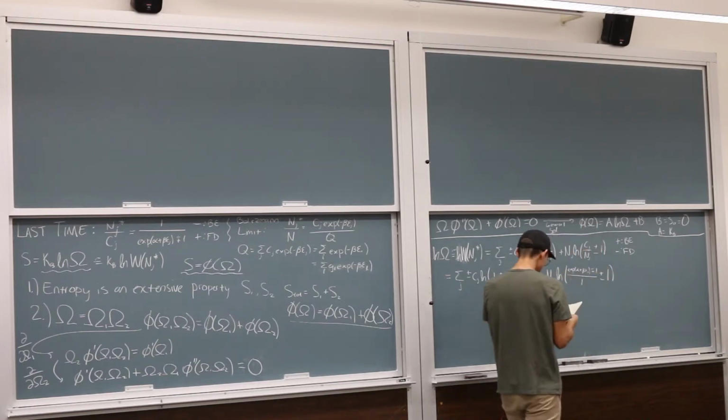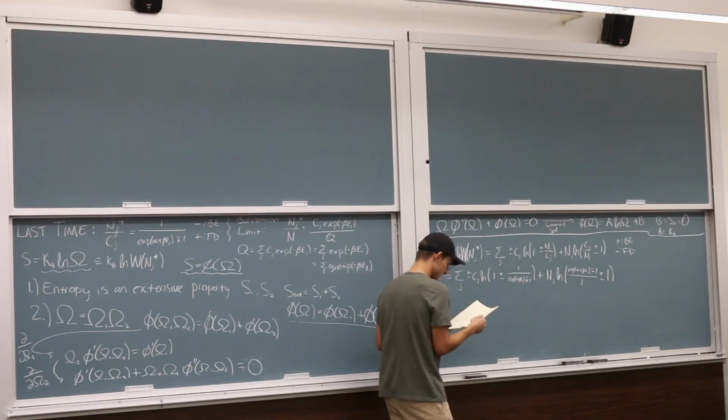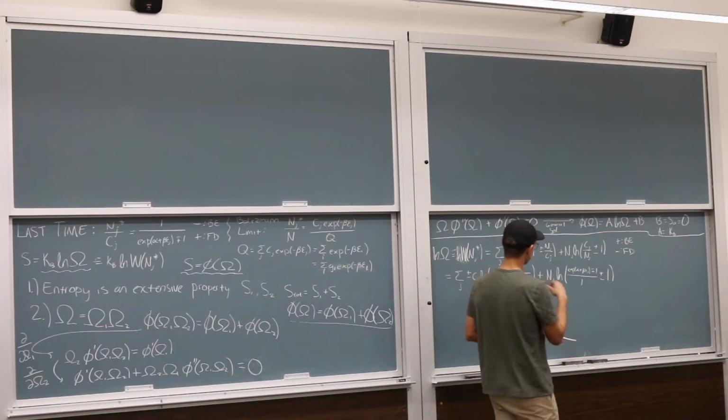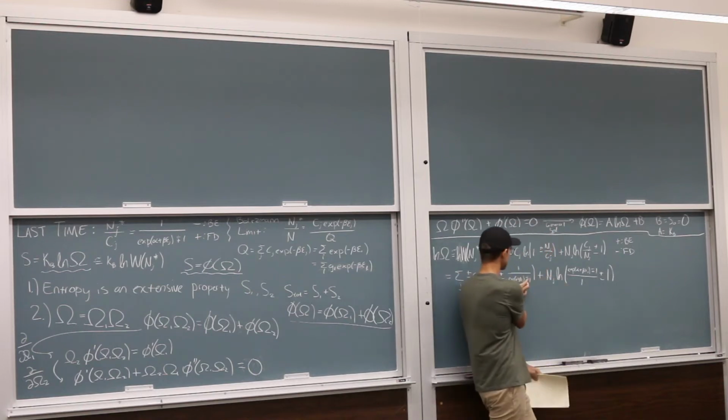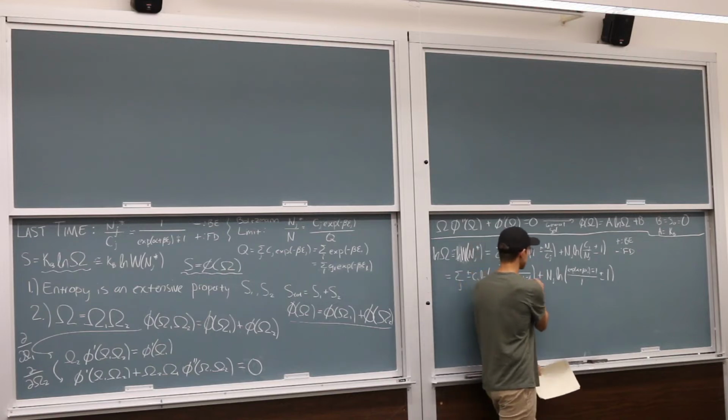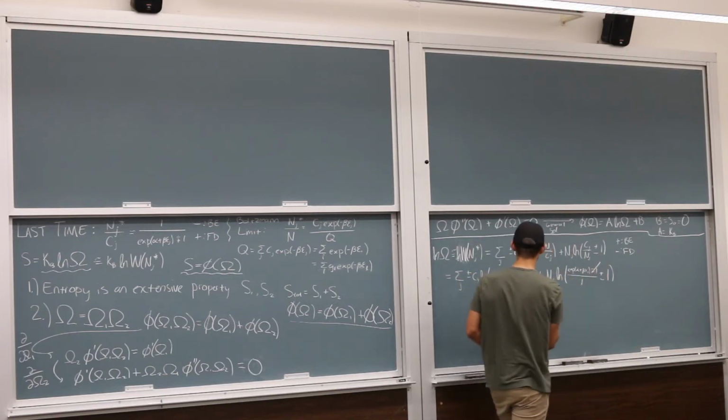There are a couple of things. The first thing, like I said, is that we're going to work in the Boltzmann limit. As we said, in the Boltzmann limit this exponential term becomes very large, so all these plus or minus 1s become irrelevant.